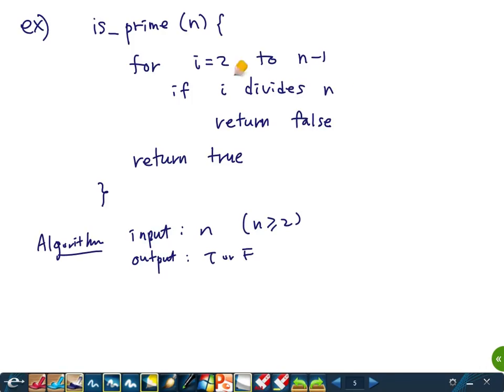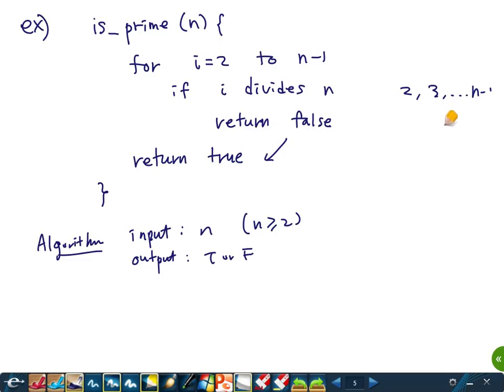If none of these i's divide n, then this will never be executed. So it will pass the for statement, and then it goes to this. Return true. What does that mean? We checked whether 2 divides n, whether 3 divides n, whether n minus 1 divides n, and none of these divides n. That means n does not have any divisor among these.